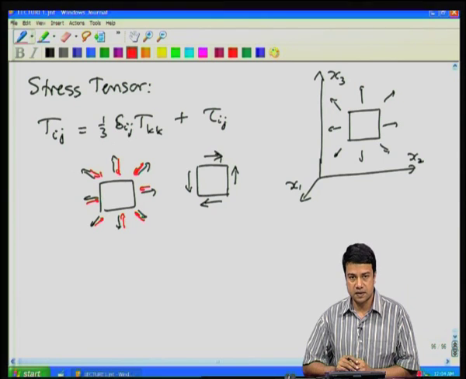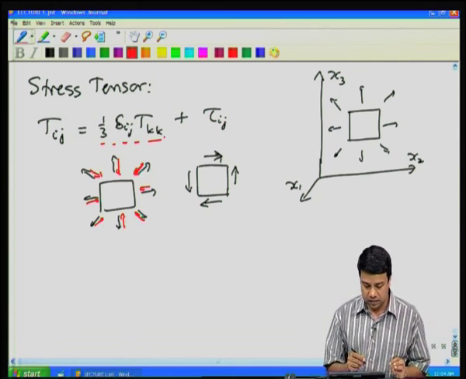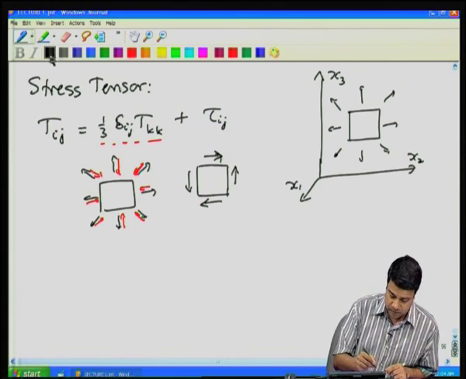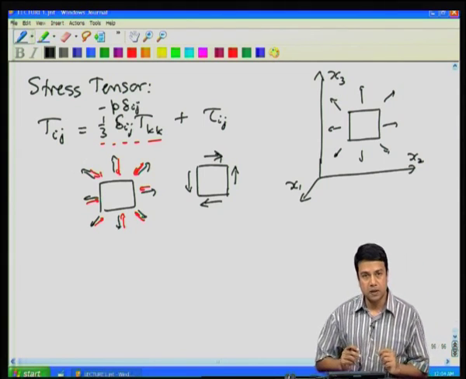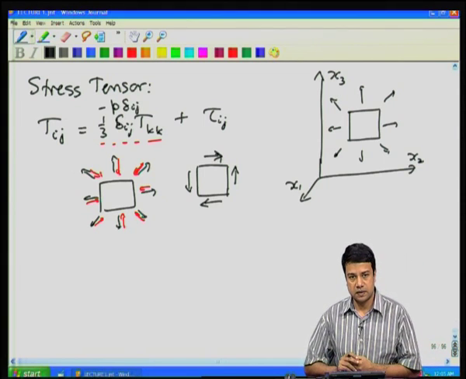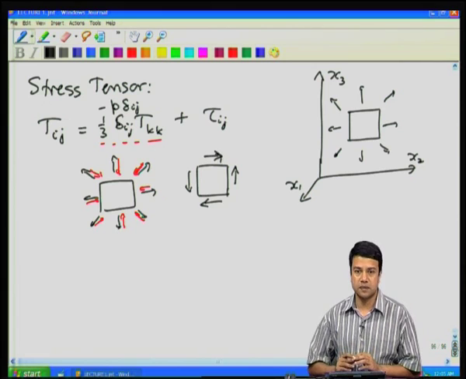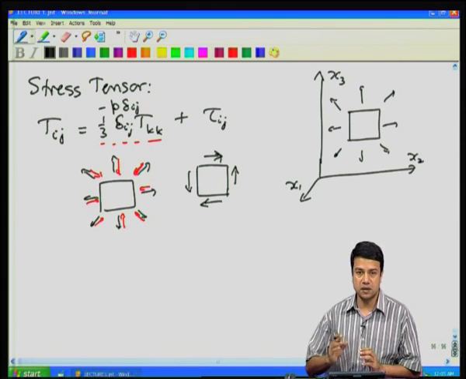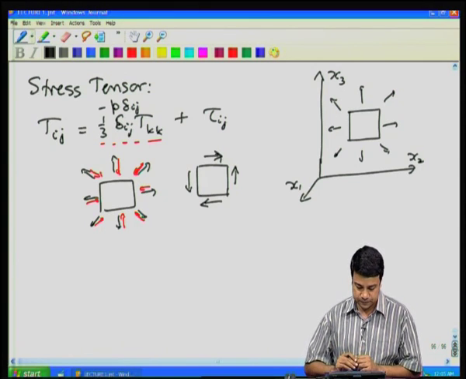That means that this first component, 1/3 delta ij Tkk, can also be written as minus p times delta ij, the pressure times the isotropic tensor. Okay. So, this is the pressure component which is non-zero even in a static fluid. The second is a symmetric traceless part, the shear stress, which is non-zero only when there is flow, and there is of course no antisymmetric component.